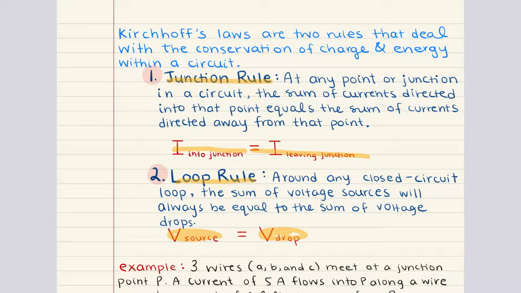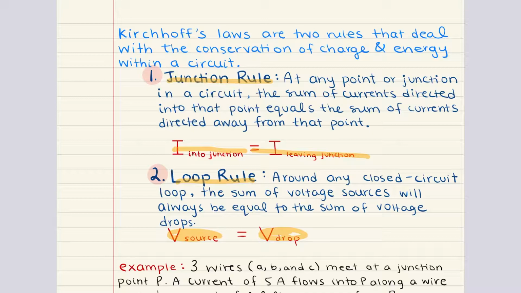So for example, in a loop containing a battery providing 9 volts and 2 resistors, the total voltage drop across those resistors must also sum to 9 volts. This principle reflects the conservation of energy within the circuit.